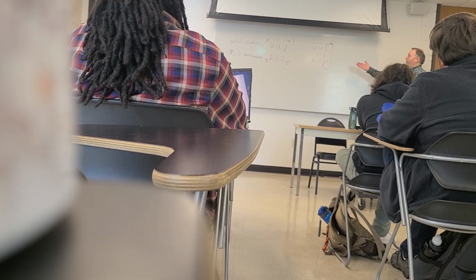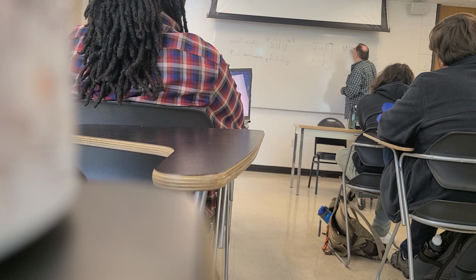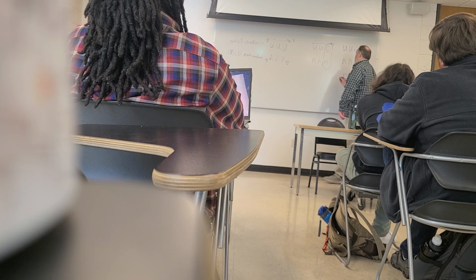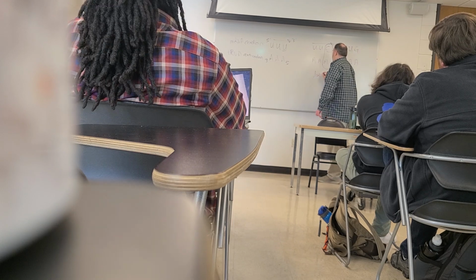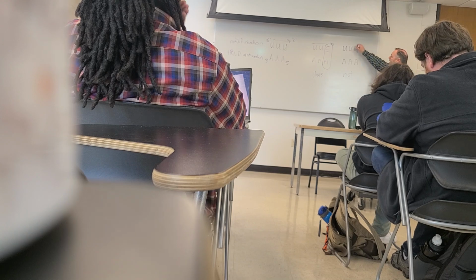And while this will work, if we unfortunately make the other change, if we go to G instead, this would not work. So this does, but this would not, just because it doesn't have the correct purine pyrimidine in there.